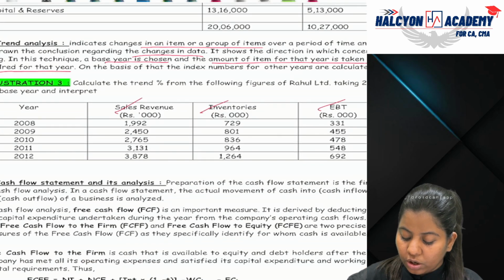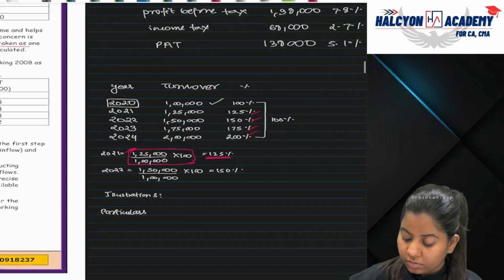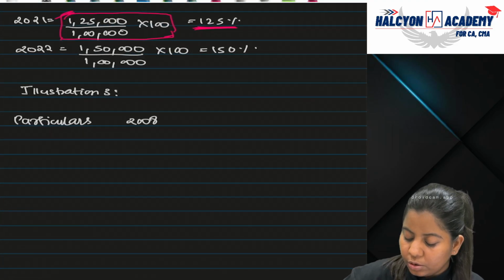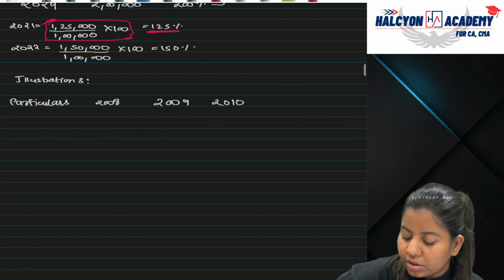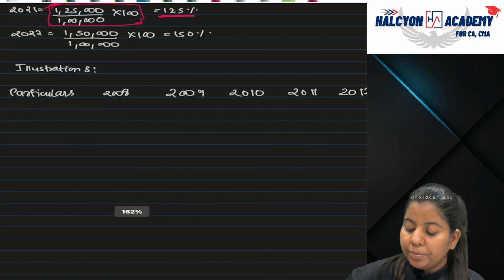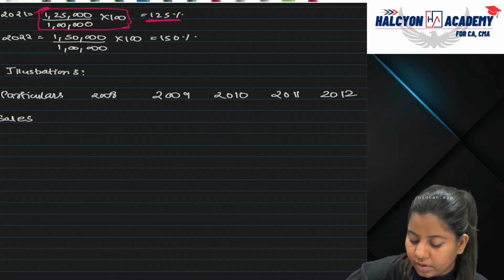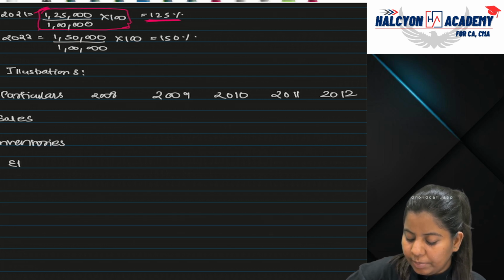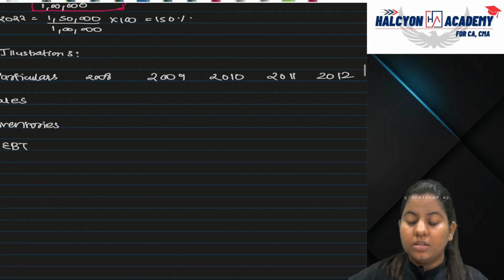So we are having 2008, 2009, 2010, 2011 and 2012. Then in particulars we have to write sales, inventories, then EBT. Now we have to find out the index numbers.